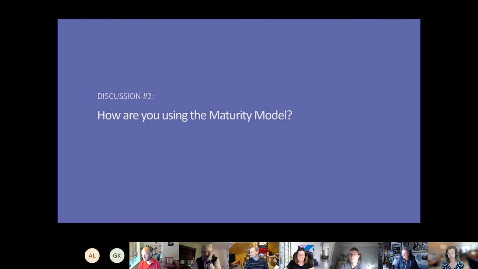I think you do make a good point. It's where does a client want to be? Where does a business want to be in the future, not just now? So it makes scalability easy. But I think what we try to do on projects is look at it in phases.